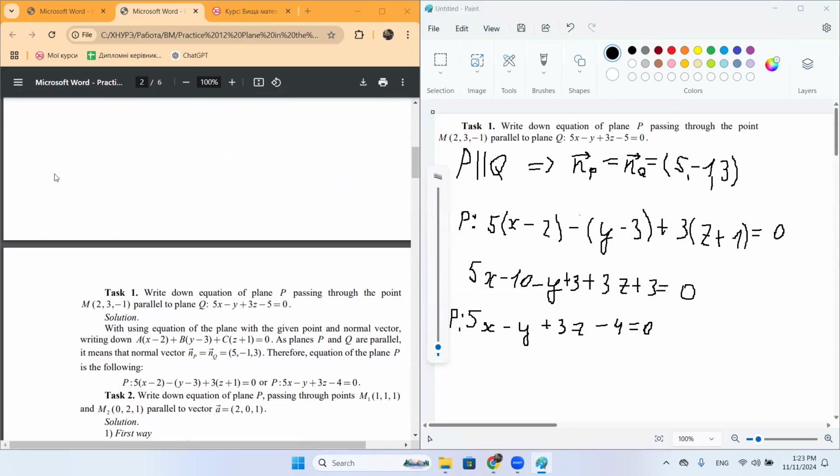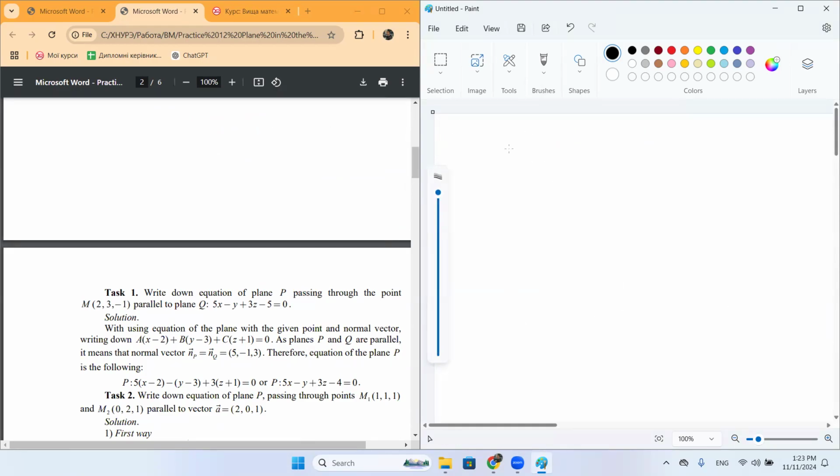So the next task is to write down the equation of the plane P passing through points M1 and M2 and parallel to the vector a. So how to solve?